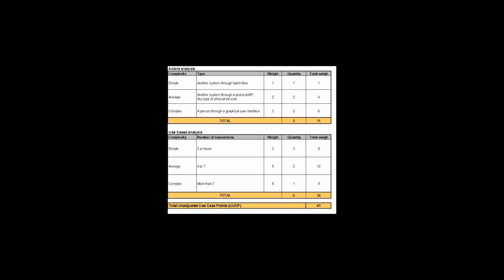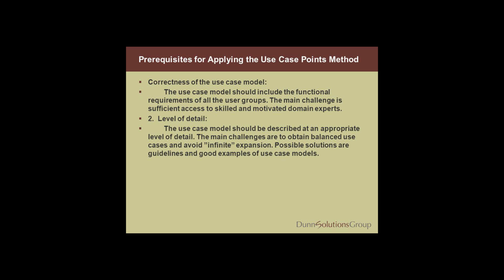This score is then multiplied by the defined weighted value for each factor. The total of all calculated values is the technical factor, TF. The TF is then used to compute the TCF with the following formula. TCF equals 0.6 plus TF / 100.